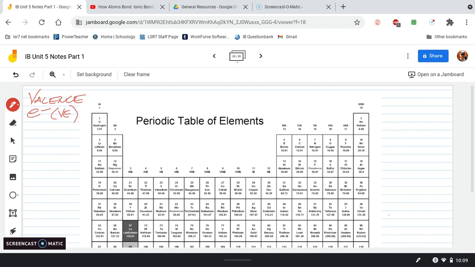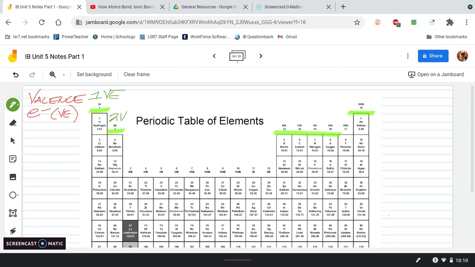So what happens is based upon the column, and so we're only going to do the bigger columns, and so we're going to go here, these, and that one. Okay, we're not going to mess with the middle because that is varied, and so we're just going to go in these areas. So column 1A gets 1 valence electron.